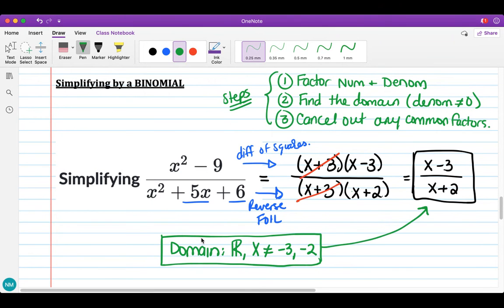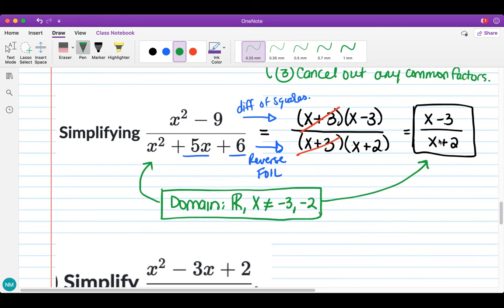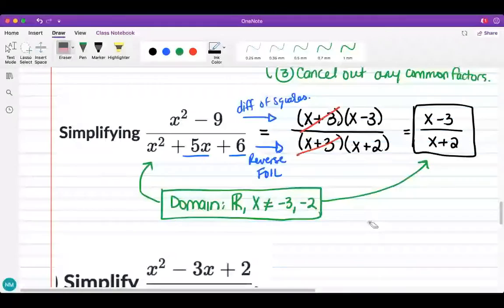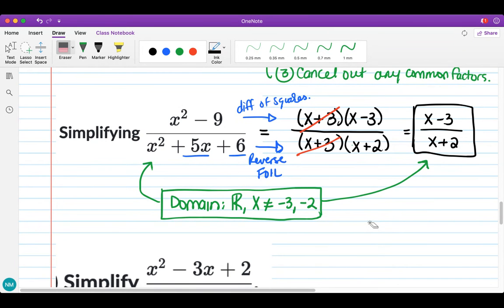It is the domain of this and the domain of this because, and we're going to go into depth later on as to why, when we graph it, we're technically going to graph this, but it still does not exist at x equals -3. There's something that we call a hole. So the function will look something like this, where everything exists leading up to it, but there's a hole there because the domain did not work in the original problem. So again, the domain does not change even if the function looks different afterwards.